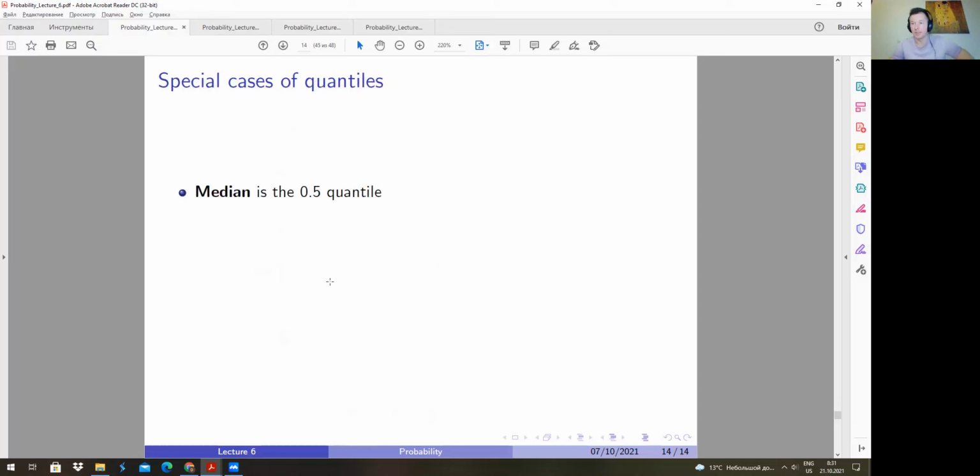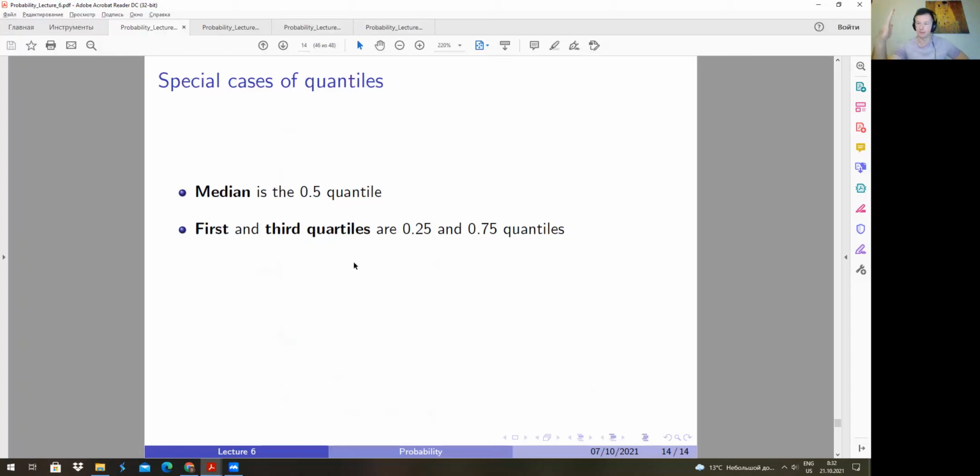There are some special cases of quantiles used in descriptive statistics, in inferential statistics, and in many other ways. The median is the 0.5 quantile. We also have special names for the 1/4 and 3/4 quantiles: the first and third quartiles.